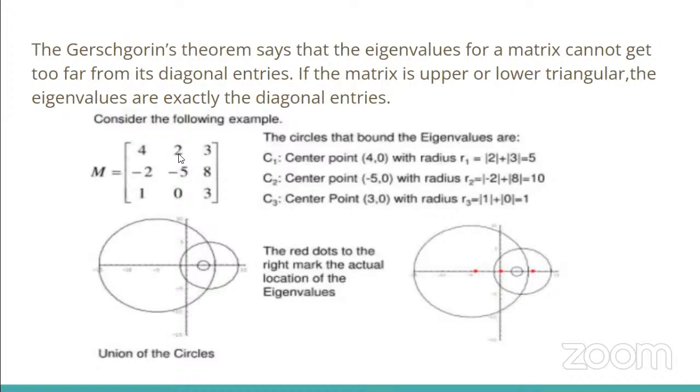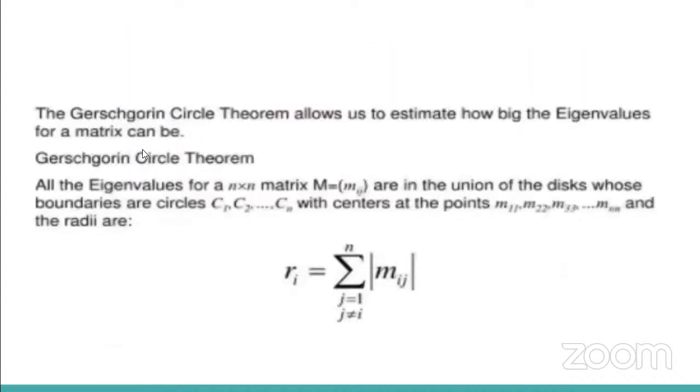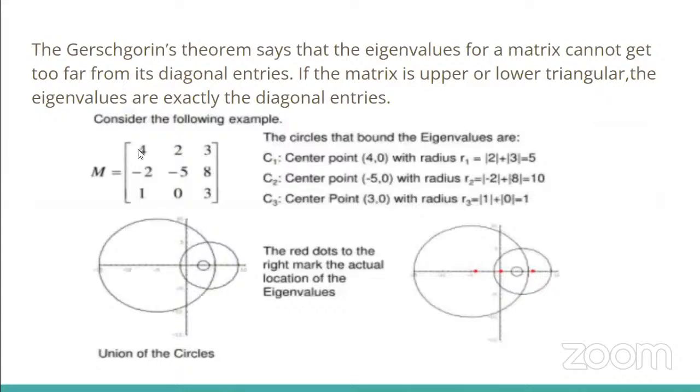This is A12. So this value cannot be A11, so we are excluding this. We can't use this. Your values can be A12, A13. This is A21, A22, so your radius cannot be this, and this is A22, A23.